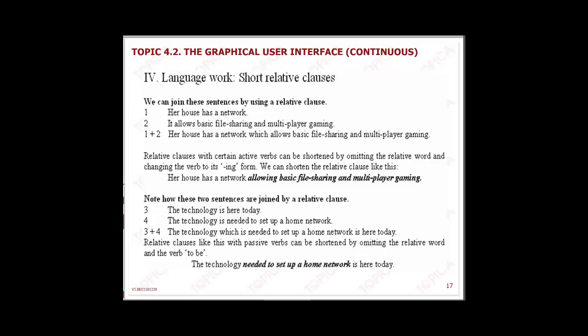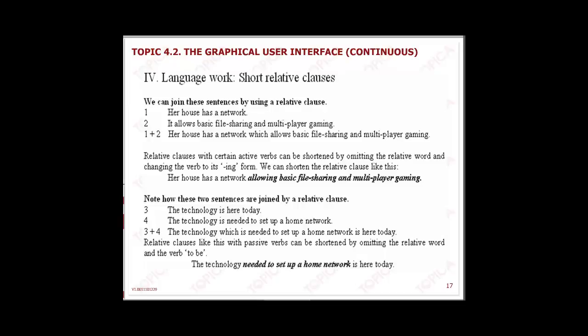3. The technology is here today. 4. The technology is needed to set up a home network. 3 plus 4: The technology which is needed to set up a home network is here today.